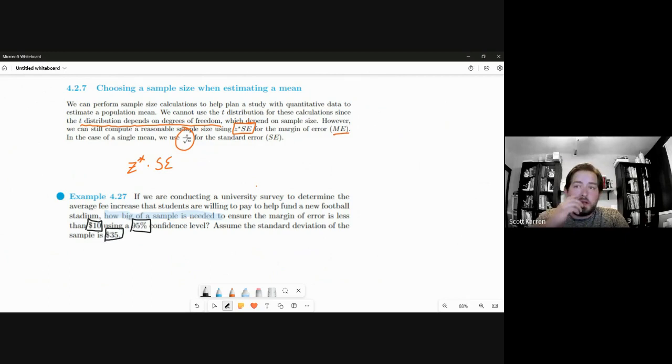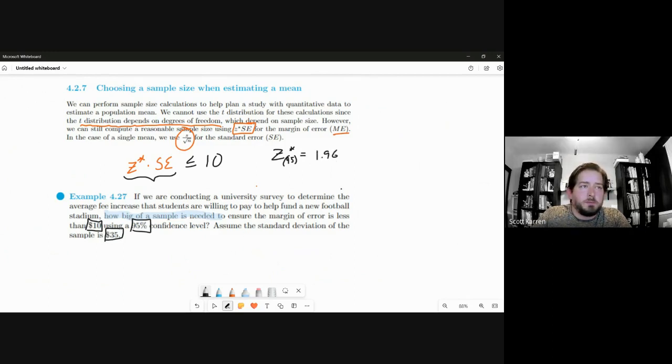Well, we're not talking about proportions anymore, so it's not a percent. What I want is my margin of error, which is again this Z-star times the standard error, to be less than or equal to $10, or just 10. Z-star for a 95% confidence level is 1.96.